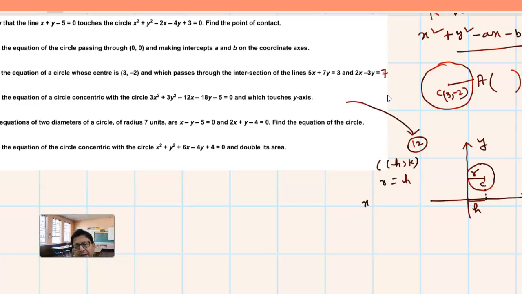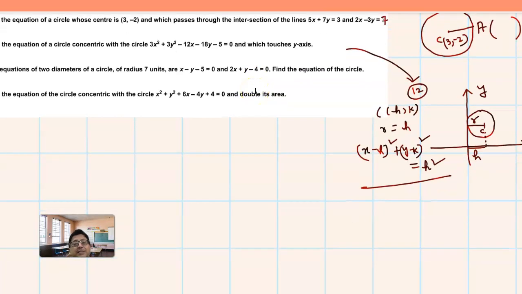So the equation you can write in one line only: x minus h whole square plus y minus k whole square equal to r square. R is h. So this will be the required equation of the circle. So if a circle touches the y-axis, you must use the fact that its radius is going to be the x coordinate.